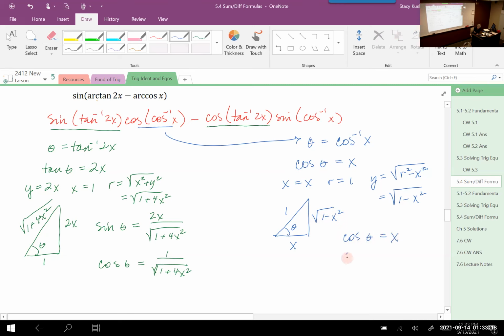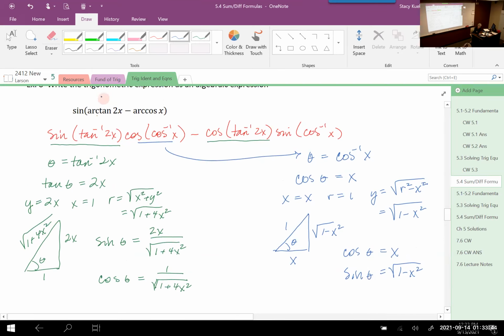But sine theta is equal to opposite over hypotenuse, or in other words, the square root of 1 minus x squared. Now I'm going to come back in here and remember how it's easy to see this when this is the sine of angle A minus B, right?